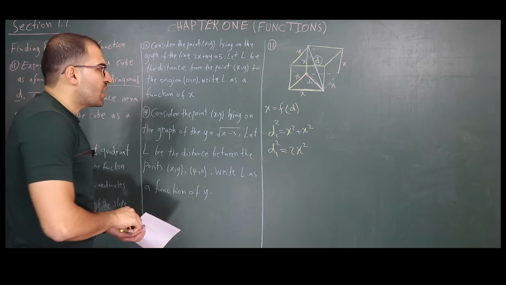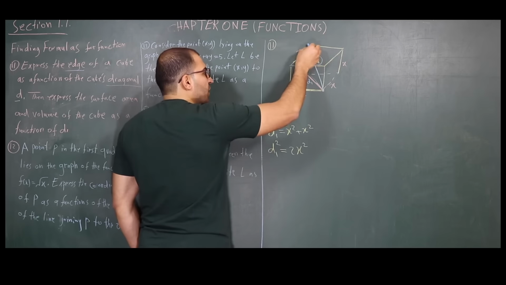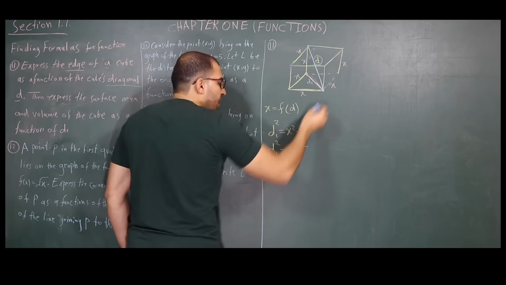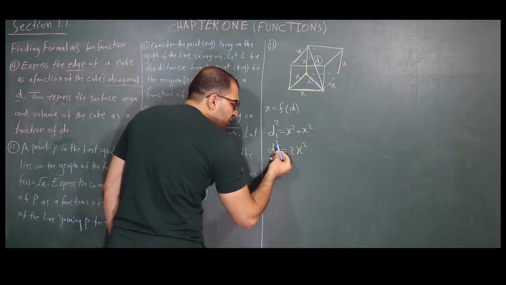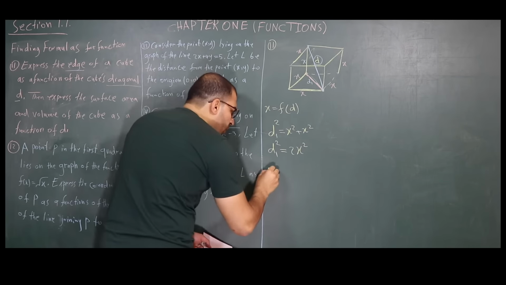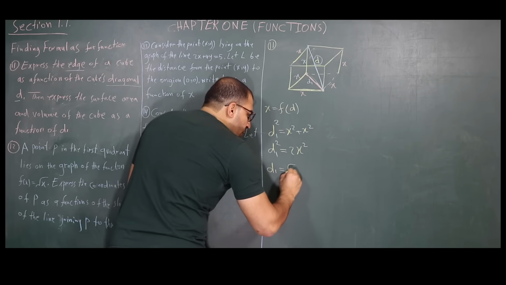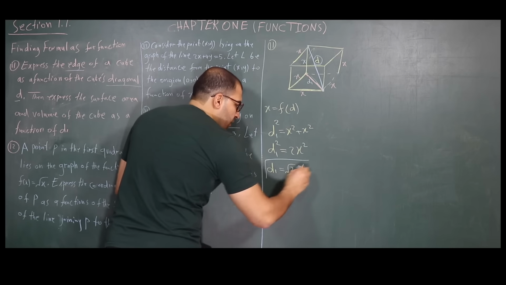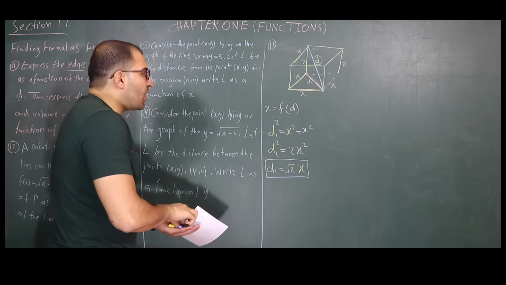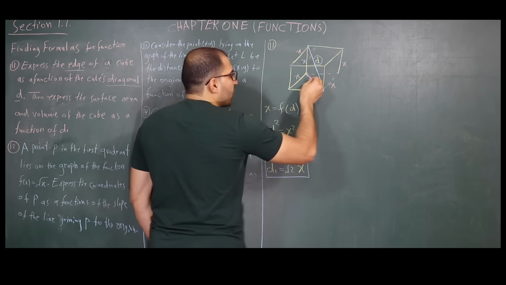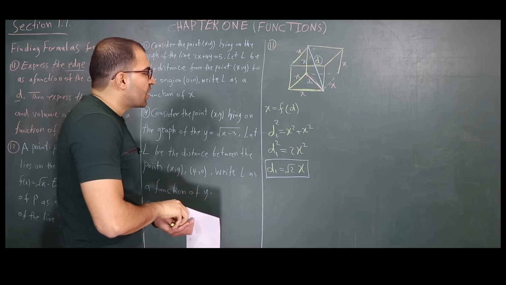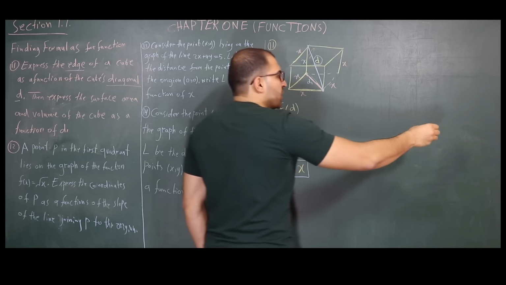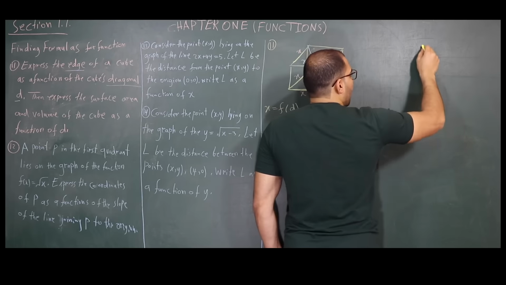Now I want to find the relation between this one and this one. I need d1, not d1 squared, so d1 equals the square root of 2 times x. This is the expression of the diagonal of the base of the cube. The next step is to find the expression of this diagonal.